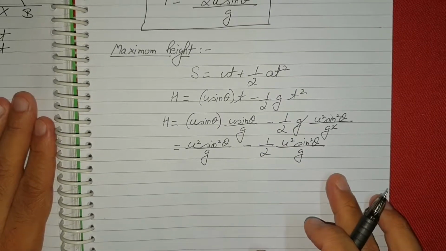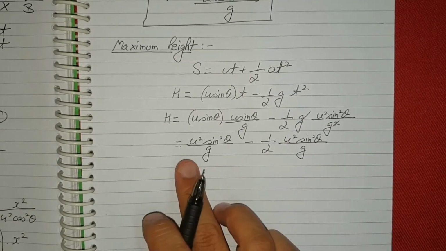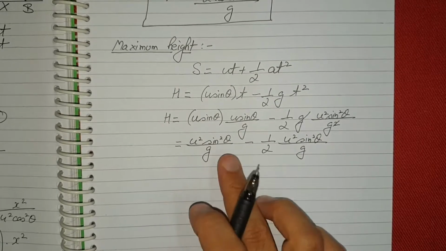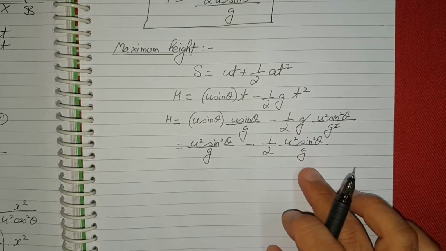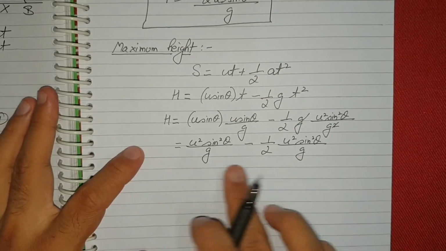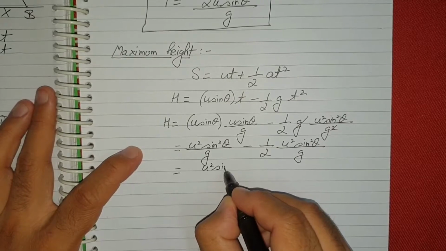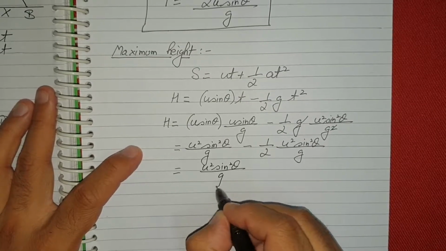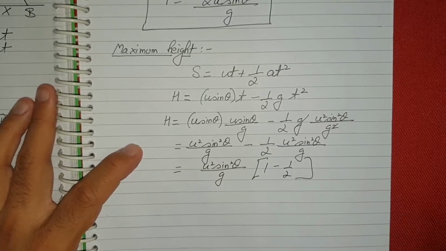You can take the LCM, or directly, this will be half of it, because this is one of u square sin square theta by g, and this is half of u square sin square theta by g. So what you can take is u square sin square theta by g common. So this will be 1 minus 1 by 2, so basically half.